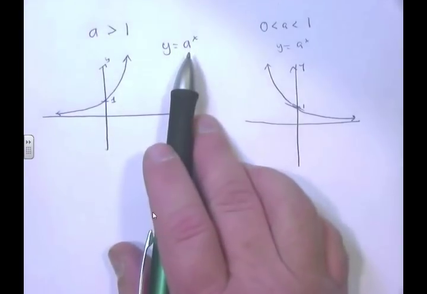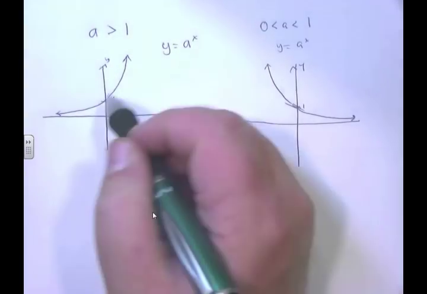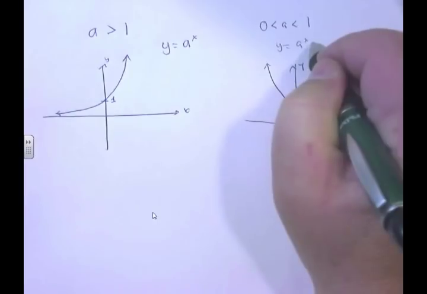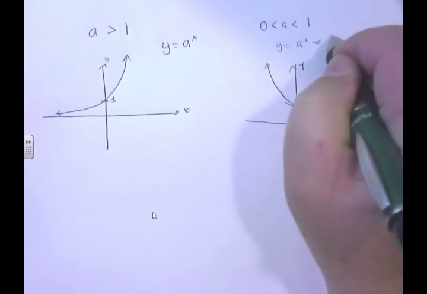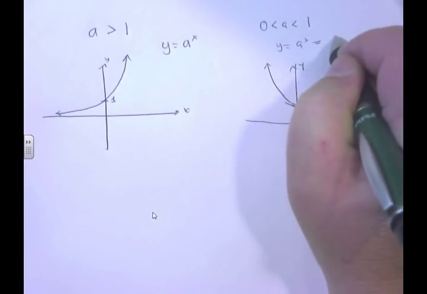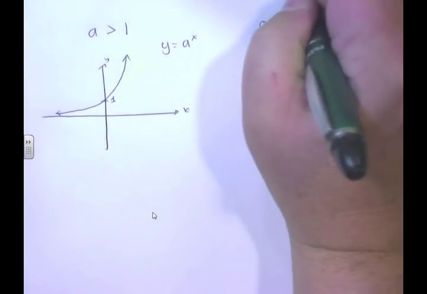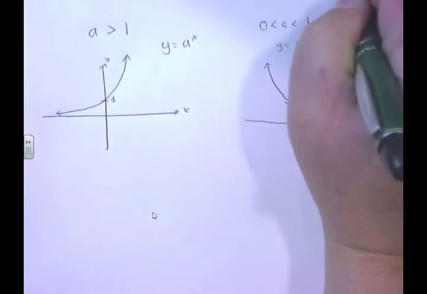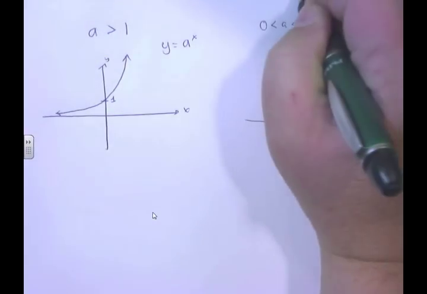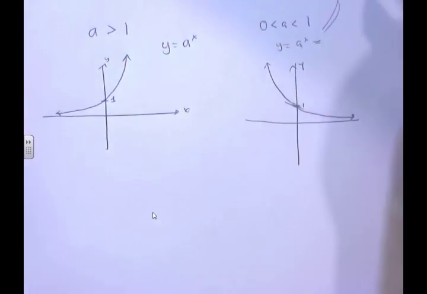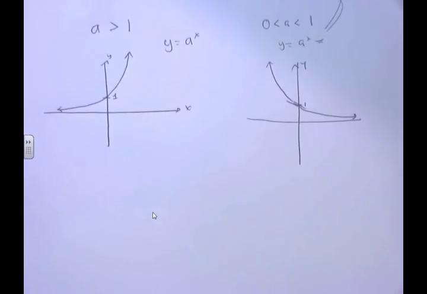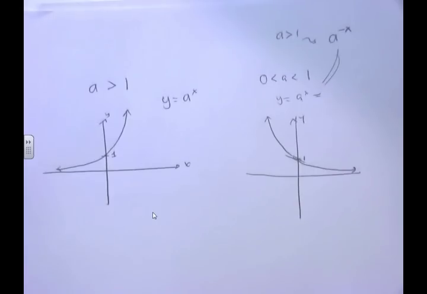The relationship between the two is this. The fact of the matter is that this graph here is the same thing as, remember, it's a fraction. So you can also view this as if a was greater than 1, it would be a to the negative x. That would be the same thing as a to the x when a is a fraction here. Let me explain why.